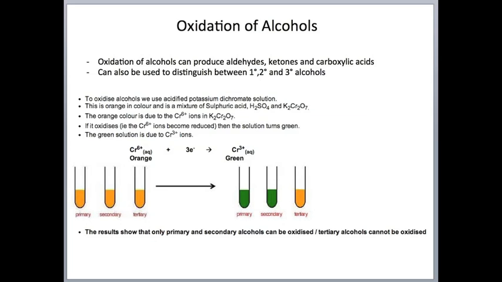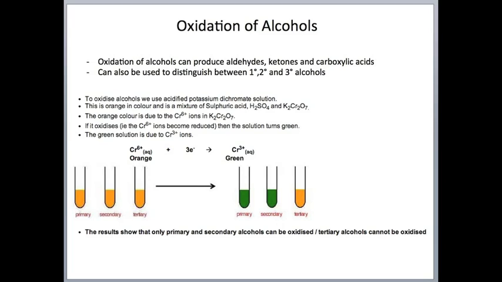Let's look at oxidation of alcohols. Oxidation of alcohols can produce aldehydes, ketones or carboxylic acids. By oxidizing alcohols, we can establish whether we have a primary, secondary or a tertiary alcohol. In order to oxidize alcohols, we use acidified potassium dichromate.